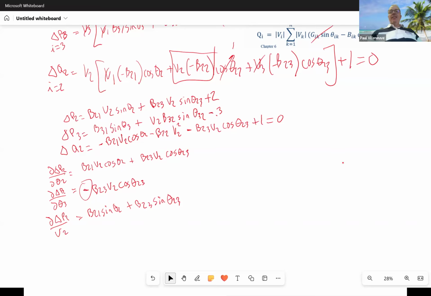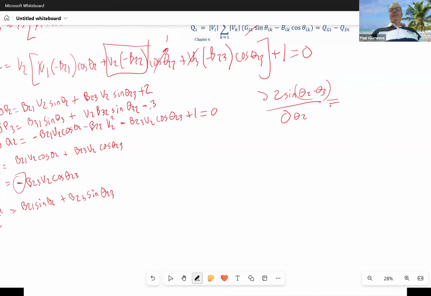If I said, take the partial derivative of 2 sine of theta 2 minus theta 3 with respect to theta 2, what do you get? You get 2 cosine theta 2 minus theta 3, right? What if I did the partial of 2 sine theta 2 minus theta 3 with respect to theta 3?